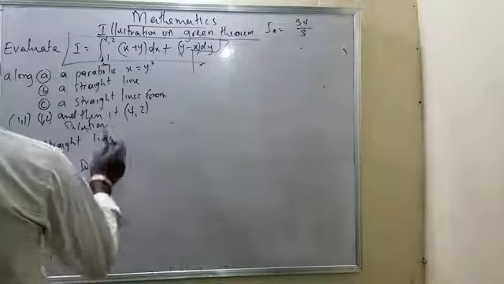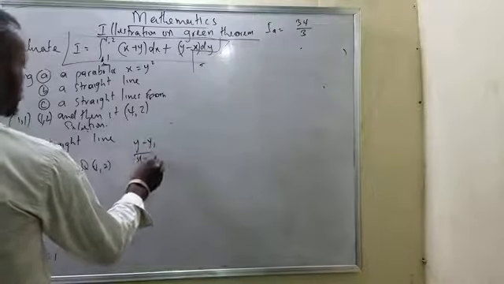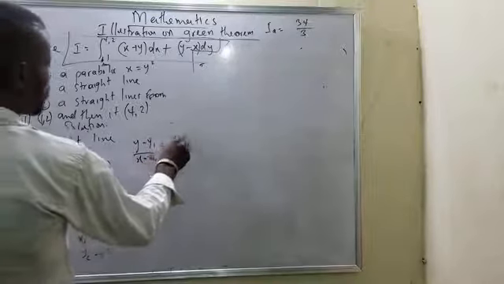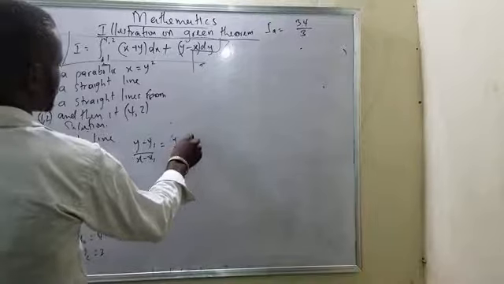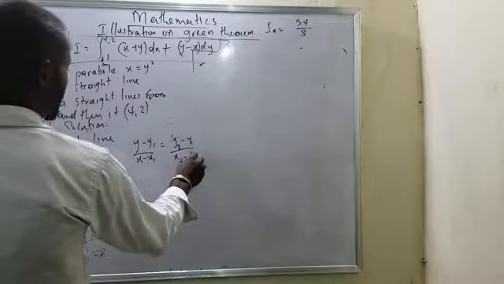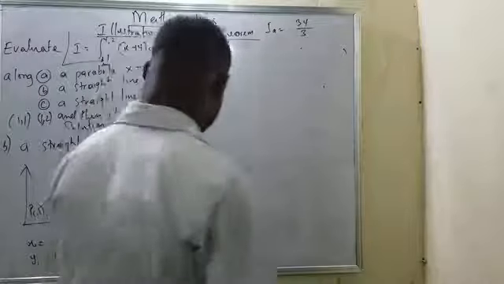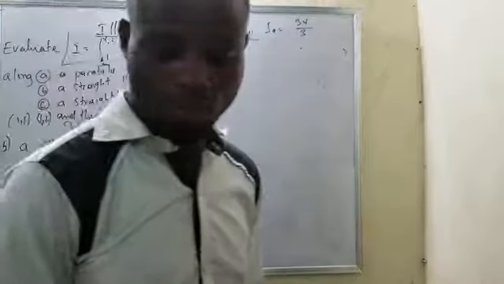What do I know about a straight line? y minus y1 all over x minus x1 equals y2 minus y1 all over x2 minus x1, which is the gradient form at a point.